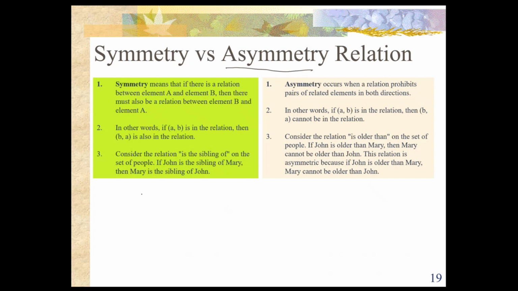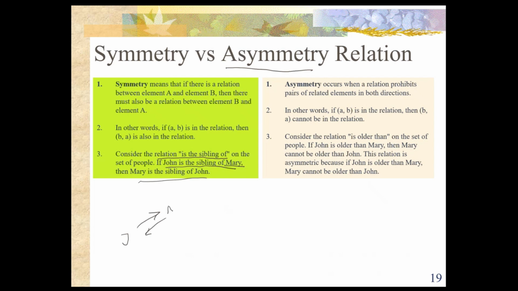Let's consider two people, John and Mary. Let's consider the relation is sibling of. If John is sibling of Mary, isn't Mary also the sibling of John? You see, it's a two-way relationship.